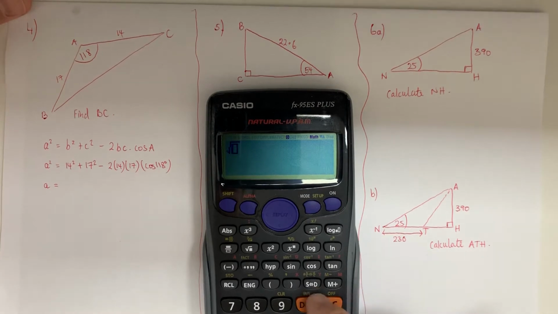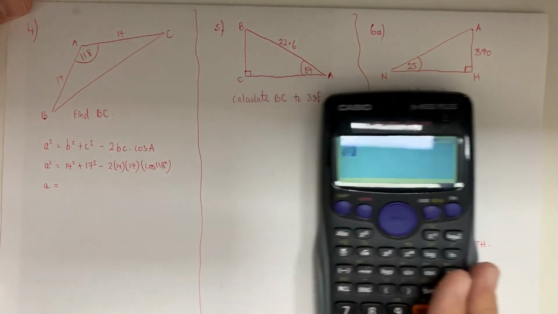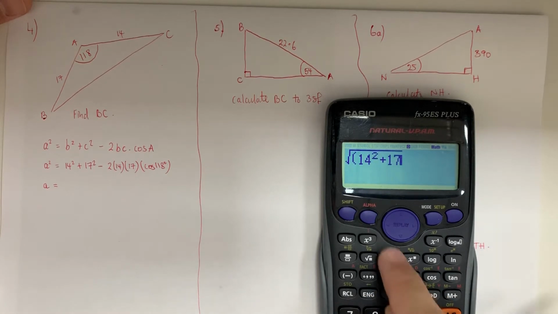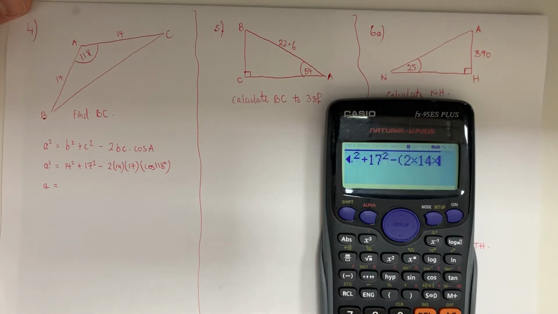But I'm going to do the square root, and I'm going to open up brackets so you can see it a bit clearer here. 14 squared plus 17 squared minus, and then I put this one in bracket as well, 2 times 14 times 17 times cos 118.